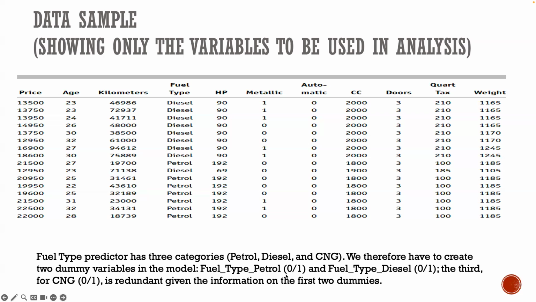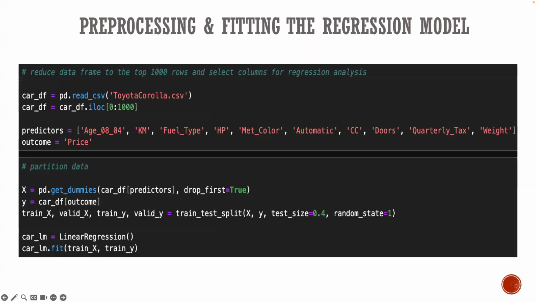Fuel type petrol, which will be 0 or 1, depending on which case we are looking at. Fuel type diesel, 0 or 1. And the third one will be CNG, 0 or 1. But the third one is redundant. We don't really need the third one to analyze any model, because the first two automatically give us an understanding of what the third one will be.